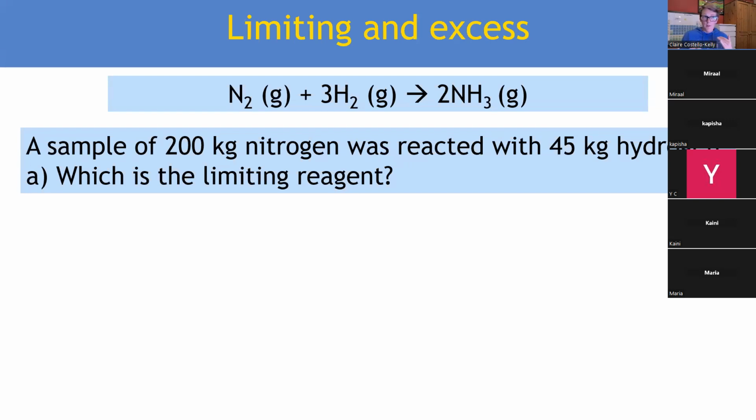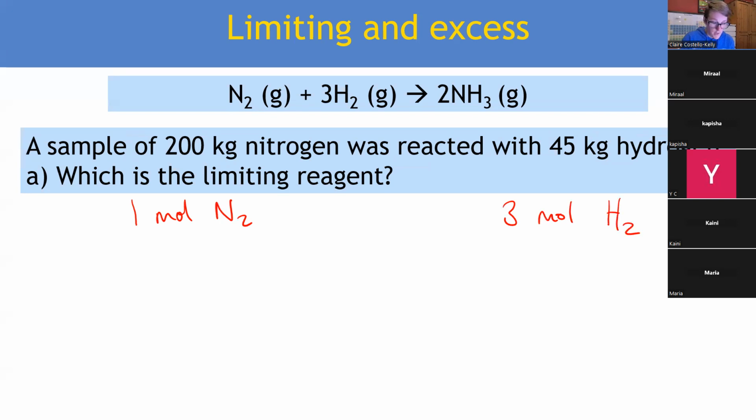Like, how do I actually explain what we mean by these two terms? Limiting meaning all of it gets used up, and excess meaning there is some left over. So it relies on this relationship that we have a balanced equation, and we know that 1 mole of N2 reacts with 3 moles of H2.